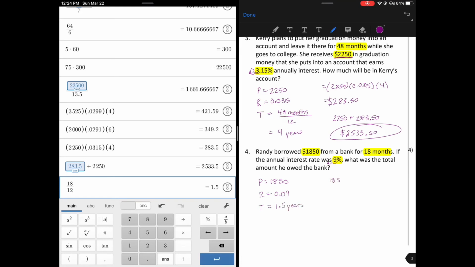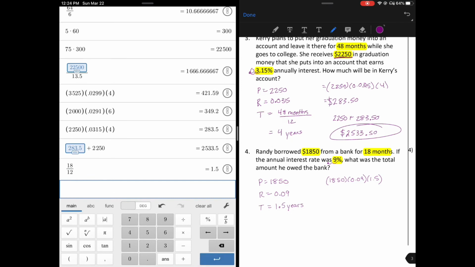So then we just multiply those numbers together. So if we plug that into Desmos, it's 1850 times 0.09 times 1.5, which is $249.75.